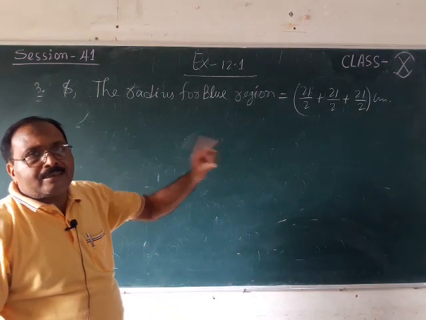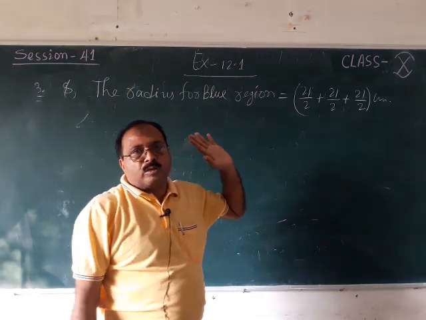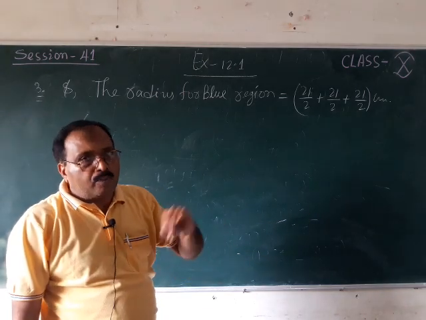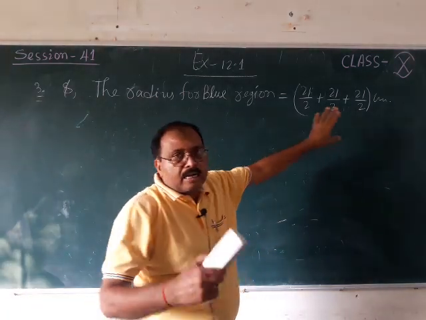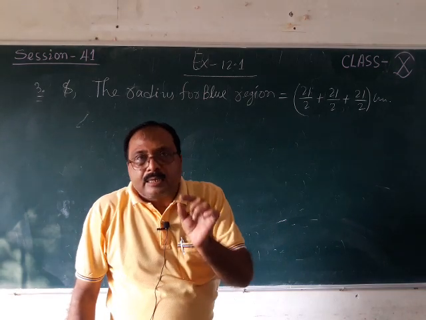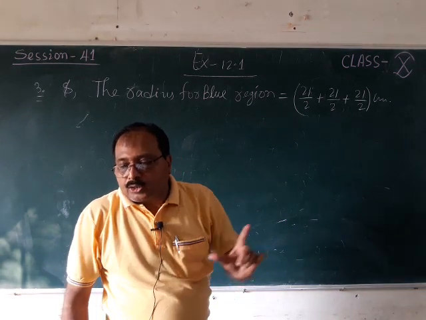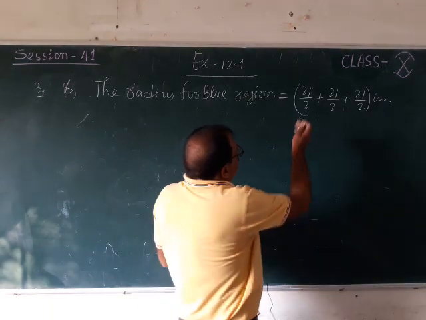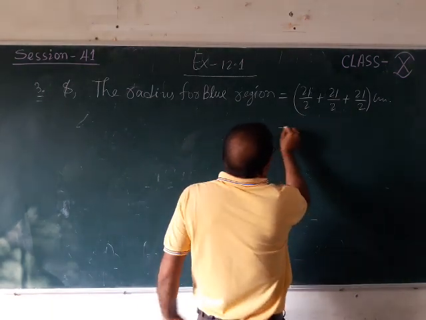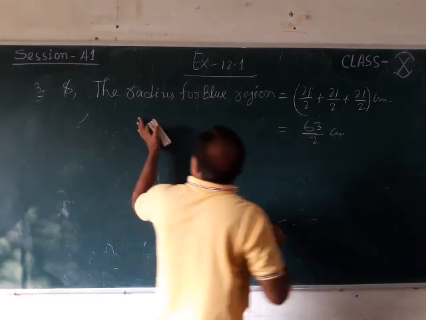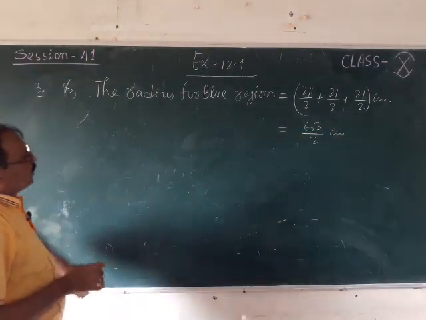For the gold region the radius was 21 upon 2. Further you have to add 10.5. 10.5 means half of 21, 21 by 2, and again the band is increasing 10.5 centimeter for each color. So for the blue, now 3 bands you have to add, it will be 63 upon 2 centimeter, that is the radius for the blue region.